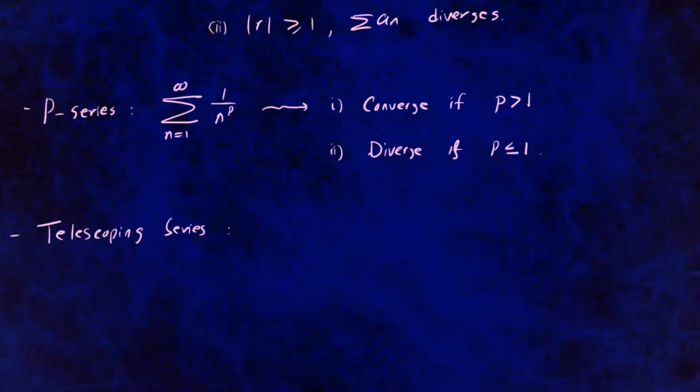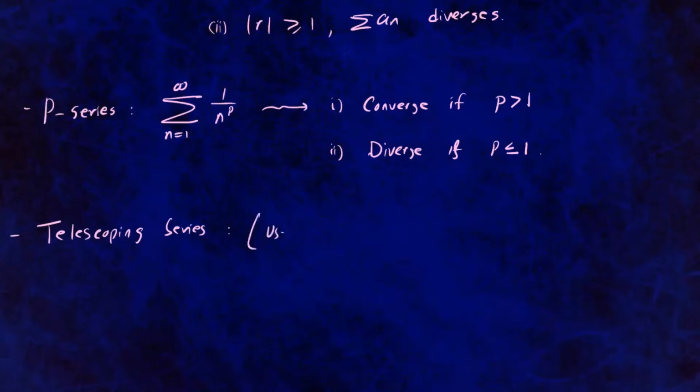Usually one way to recognize it is if you can use partial fraction decomposition to write out your an formula, and then when you write out some terms, some of the terms will cancel. You'll be left with either one of the terms, which is the nth term. We're going to take the limit of that nth partial sum, and if that limit goes to a finite value, then of course the series will converge. So that's one way to approach telescoping series.